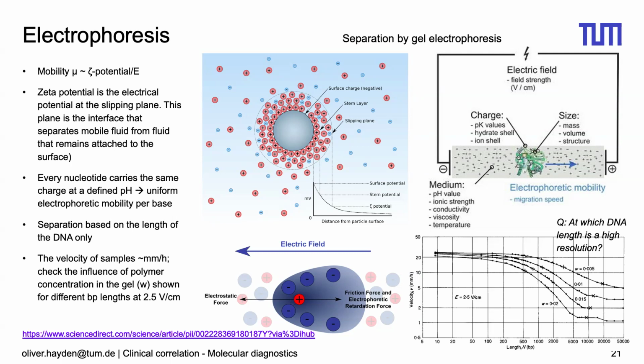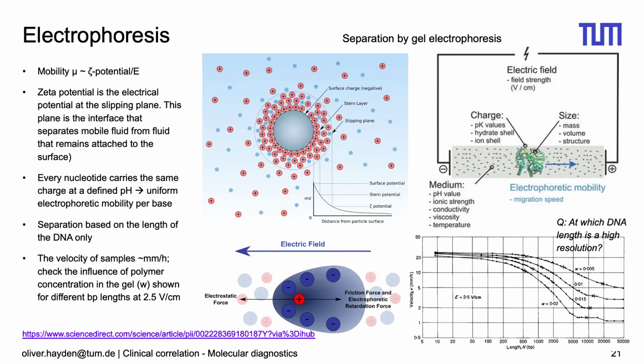Now, the beauty of DNA is that every piece of that DNA stretch carries the same charge. Meaning, no matter how long it is, the mobility will always be the same. The only difference is if I add barriers in between, like my gel: the big guys take more time, and the small guys are mobile enough to walk through your polymer.